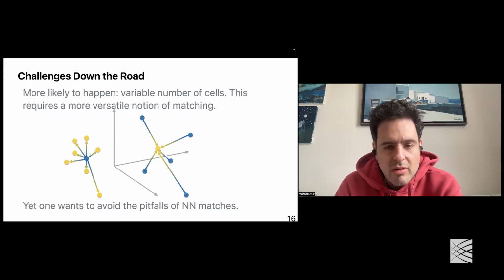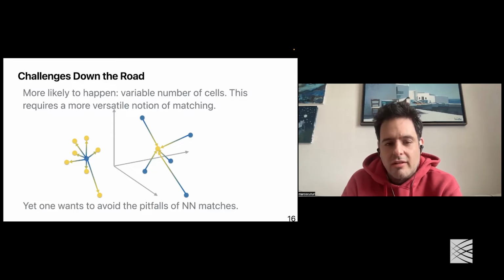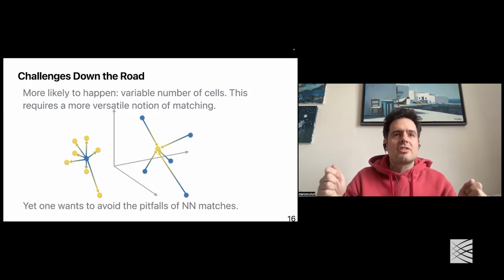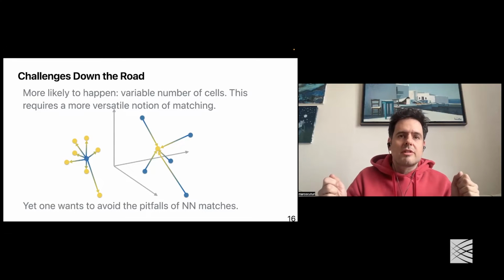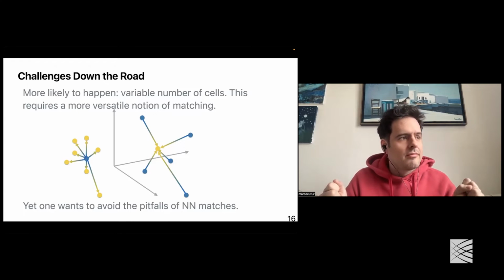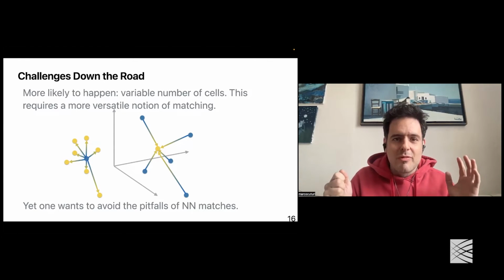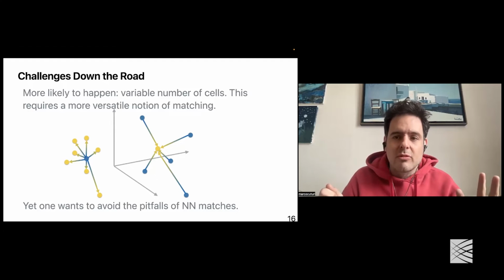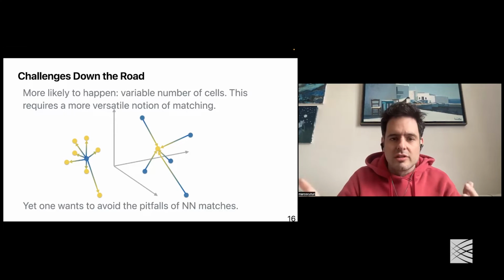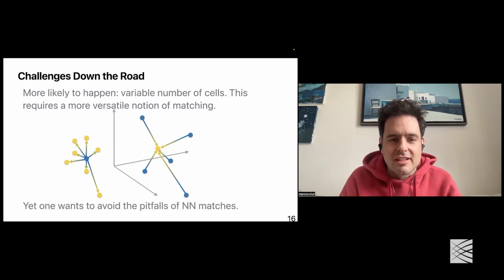You could argue that a lot of optimal transport theory, and a lot of the work that has been used recently in the field, is essentially trying to strike a good balance between something way too rigorous, like one-to-one matching, which is not flexible at all because you need the same number of points on both sides, and something that is completely loose, where you just use nearest neighbor matches and that's enough.